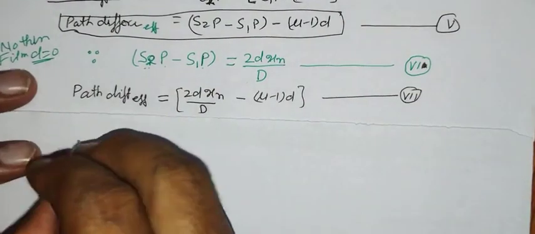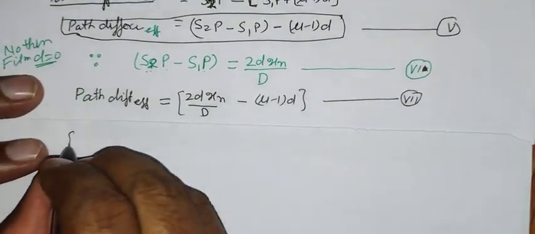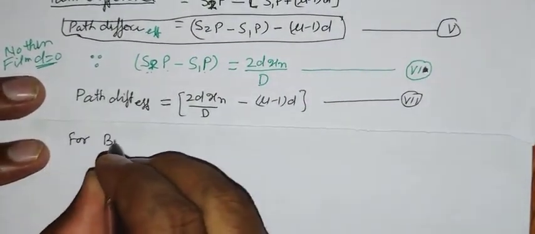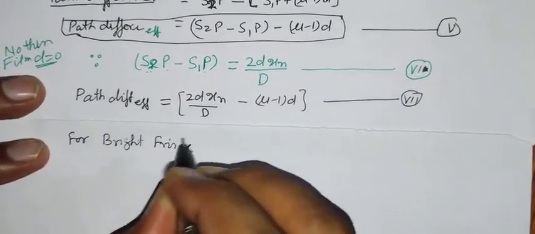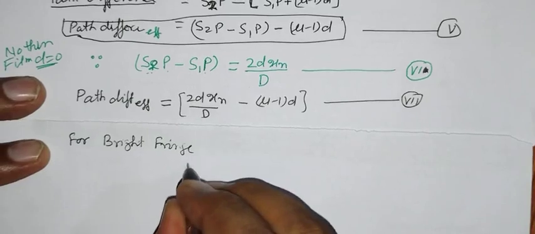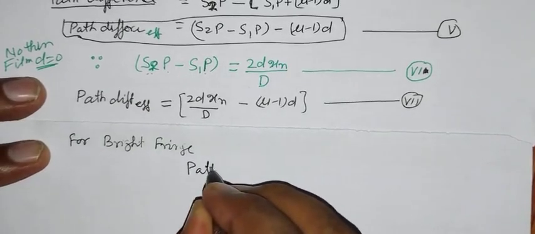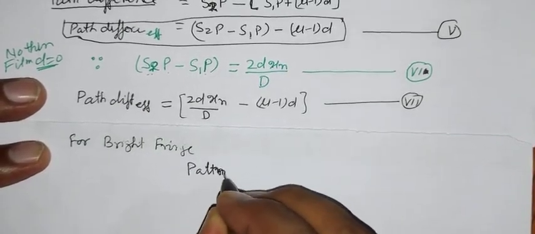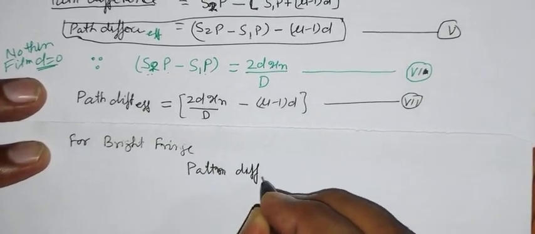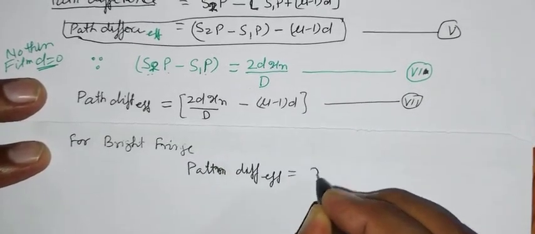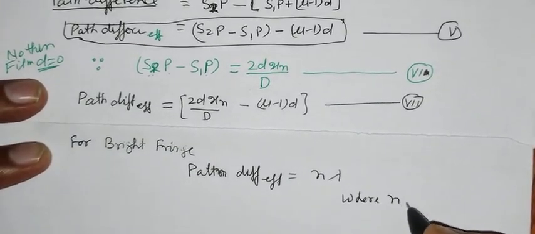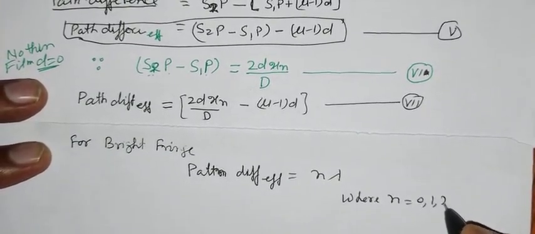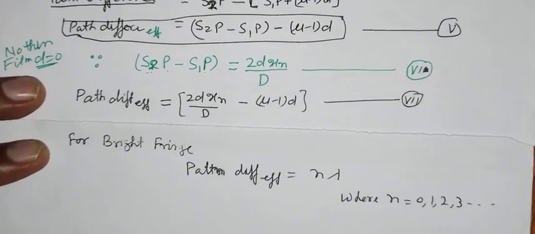Now we know the condition of a bright fringe. What is this? The condition of a bright fringe is that the effective path difference is equal to n lambda, where n is a whole number 0, 1, 2, 3 and so on.